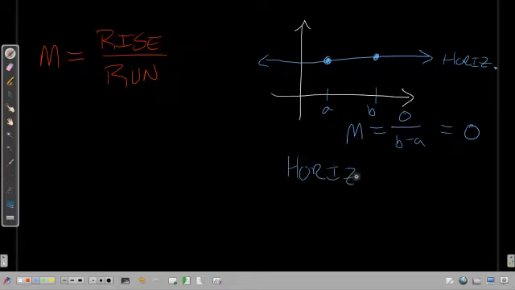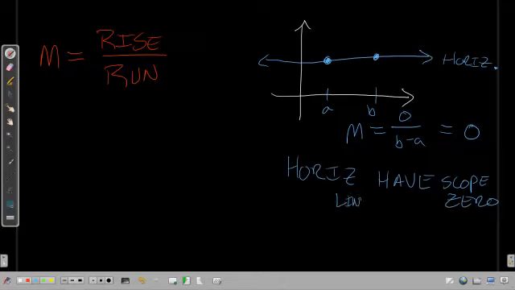Horizontal lines have 0 slope, have slope 0. Horizontal lines have slope 0.